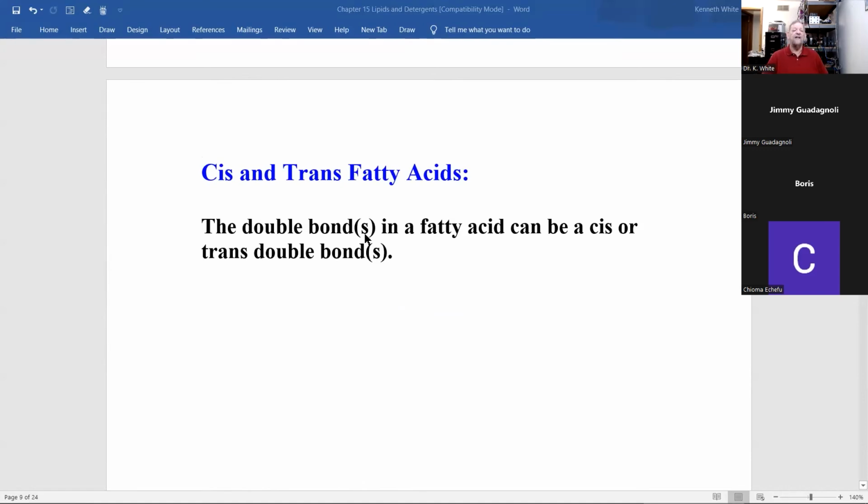All right, now, the fatty acids can be cis or trans. As you saw, double bond.